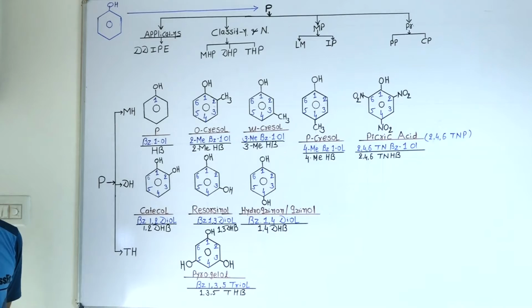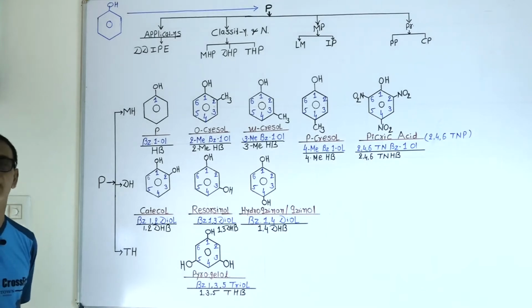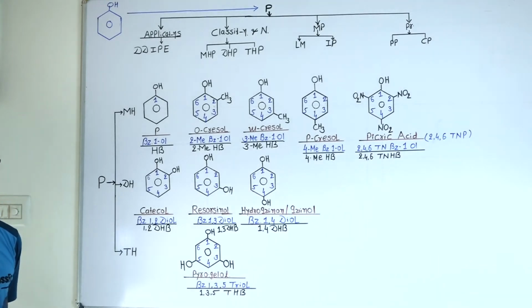Dihydroxyphenol: in which two OH groups are directly attached with carbon atoms of the benzene ring, it is known as a dihydroxyphenol. And similarly, if three hydroxy groups are directly attached with carbon atoms of the benzene ring, it is known as a trihydroxyphenol.